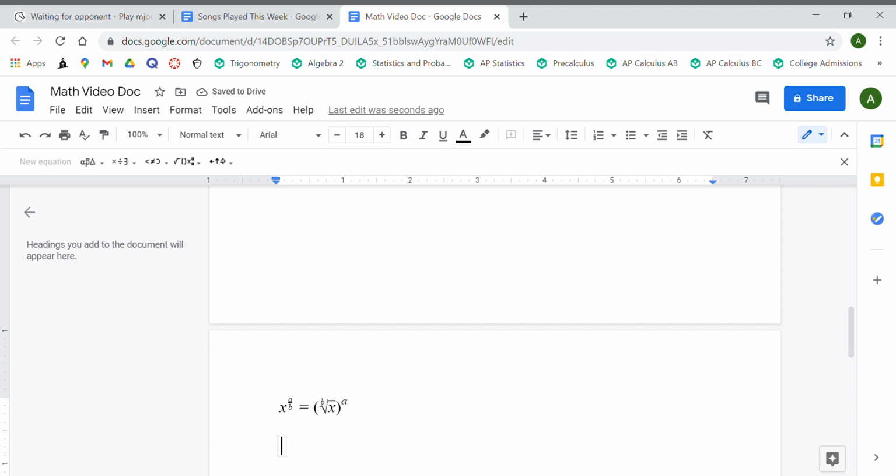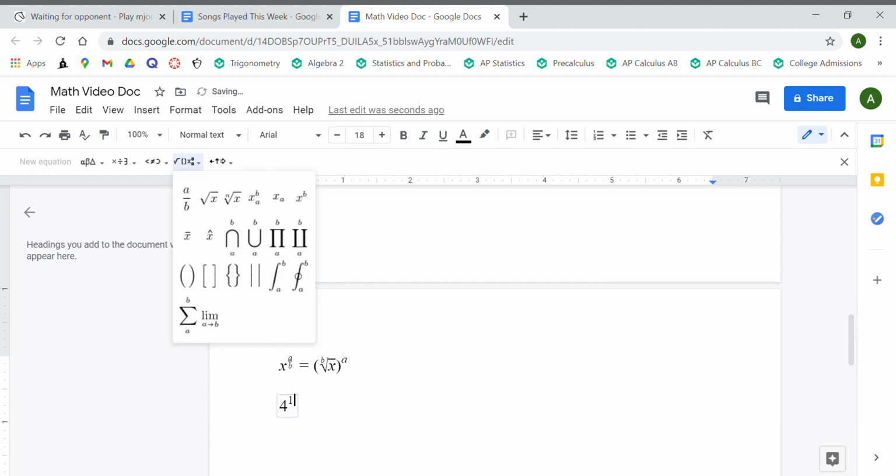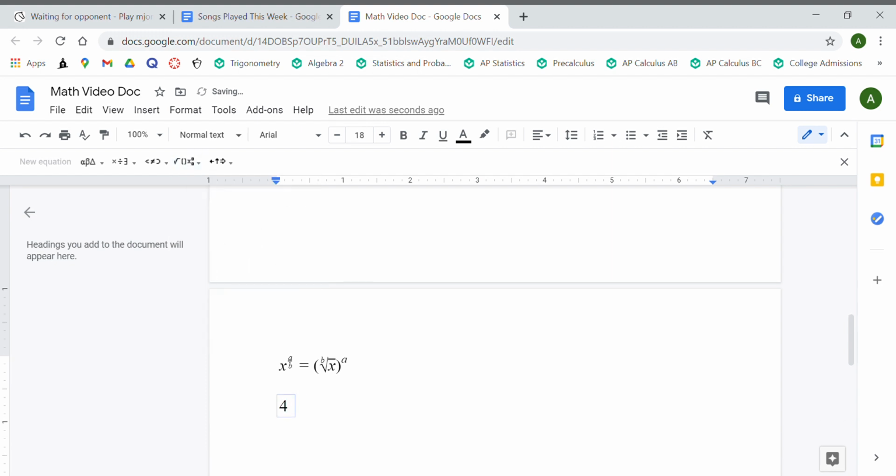So here's an example. You have 4 to the power of 1/2, right? Alright, so using this rule, what can you figure out about 4 to the power of 1/2?